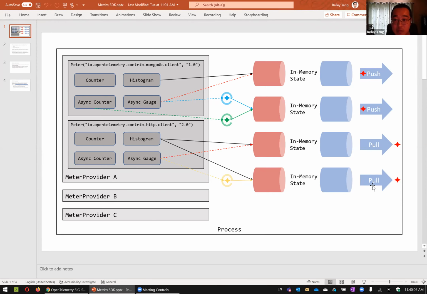Or I'm receiving a Prometheus scraper call, I want to pull the data, then I'm going to call the callback. It's not much different from, hey, you have some timer, and based on the timer, you call the callback and push the data to the in-memory state, and later you can decouple that. So I believe this can be added much later.